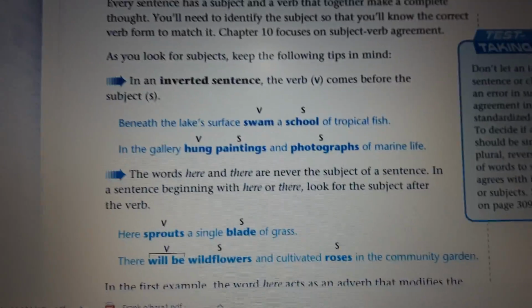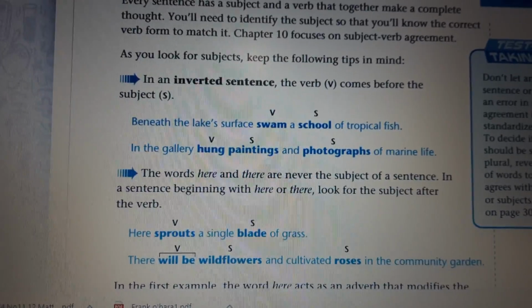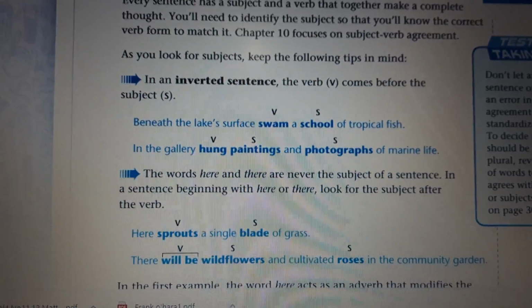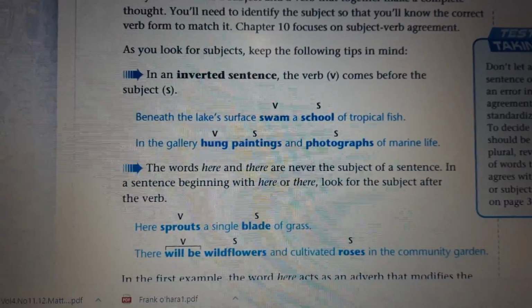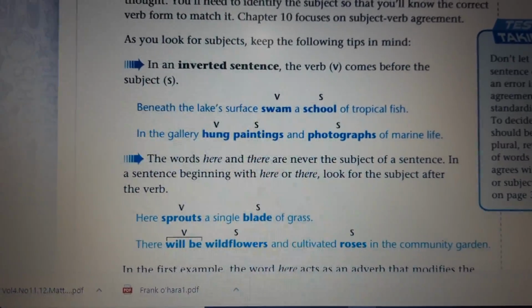I know that maybe you know this rule, but you don't know if this is a rule actually or not. So here we have two words, here and there. Okay, so the words here and there are never the subject of a sentence.